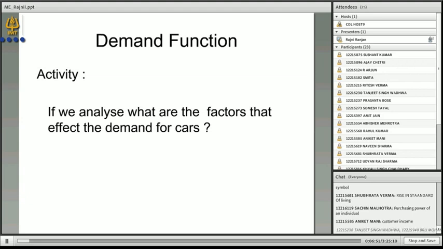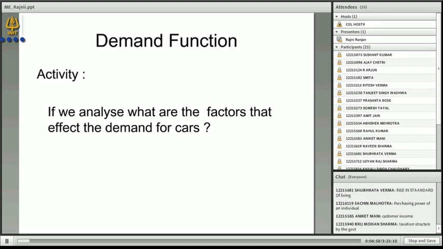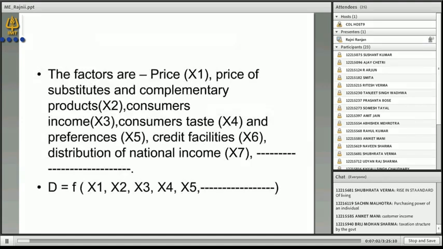Based on this, we came up to this. Yes, taxation structure by the government, Brijmohan, absolutely correct. We came up to this standard discussion when we talked about demand for cars in India. There are various factors that have contributed towards the demand for cars in the Indian scenario.